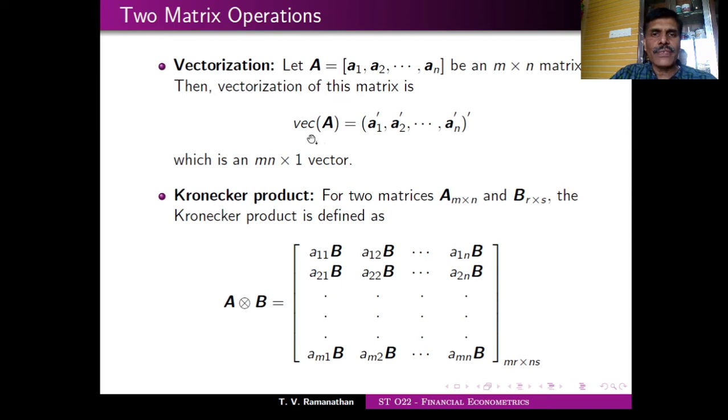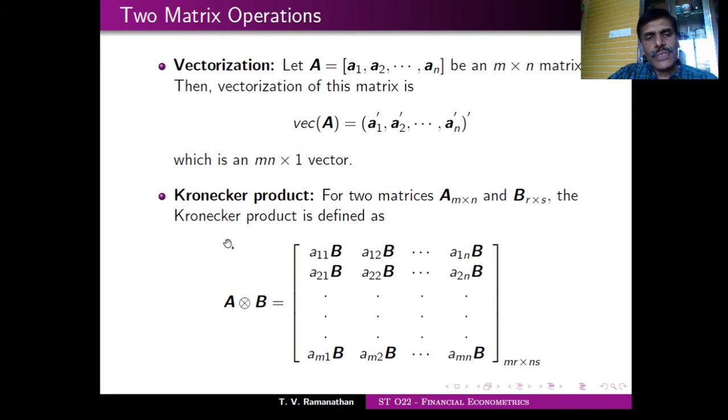Basically vec A is nothing but you stack all these vectors one below the other: A1, below that A2, below that A3, below that A4, etc. In notation it can be written as (A1', A2', etc., AN') transpose. So that gives me an MN by 1 vector. Every element you simply stack them. So that is called vec notation.